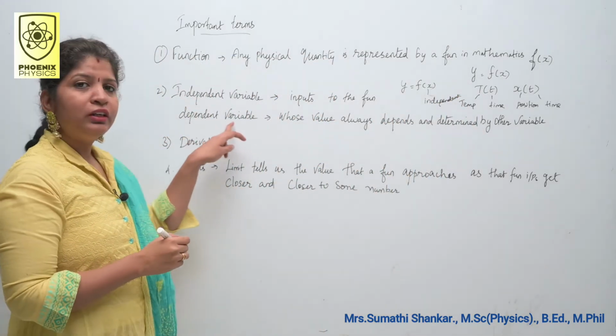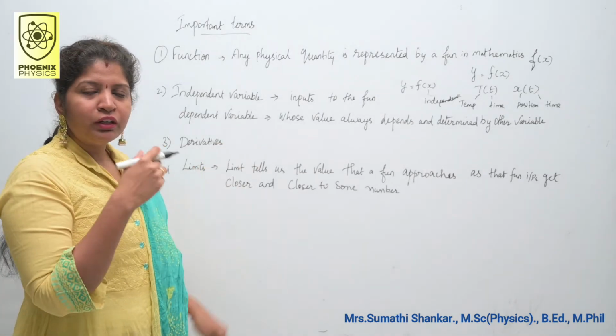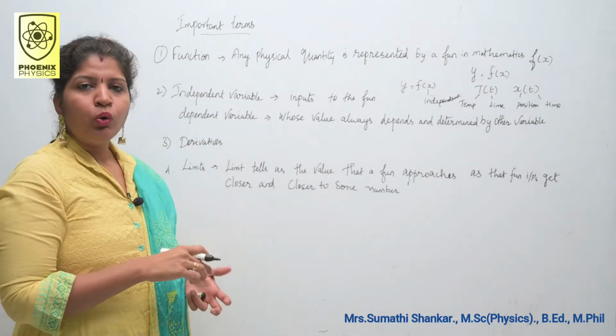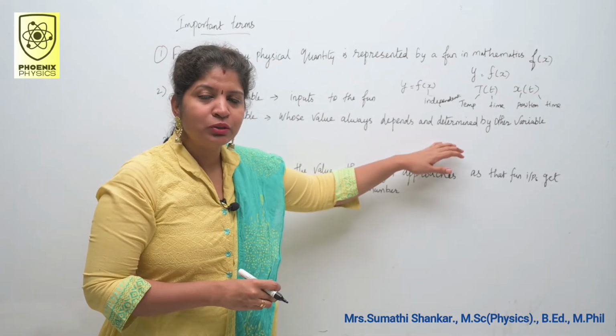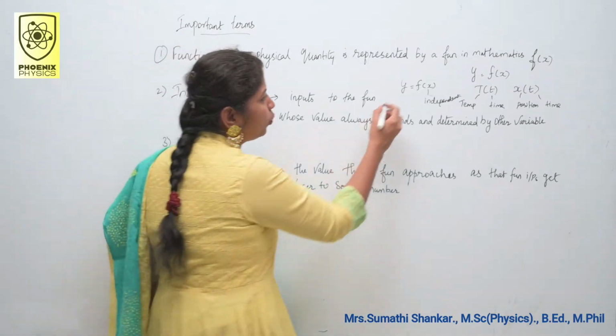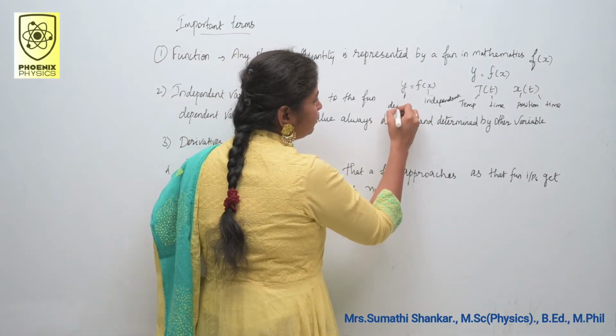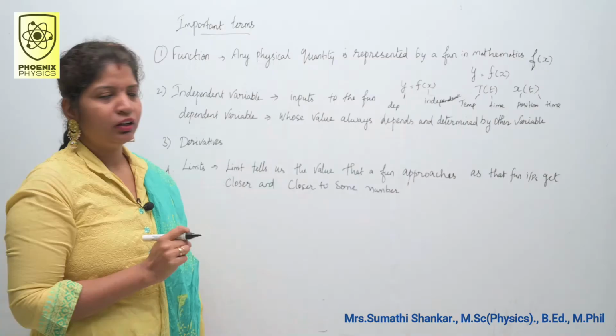Then what about the dependent variable? As the name itself says, a dependent variable is a variable whose value always depends on or is determined by another variable. Here y is our dependent variable. If x varies, y will also vary.